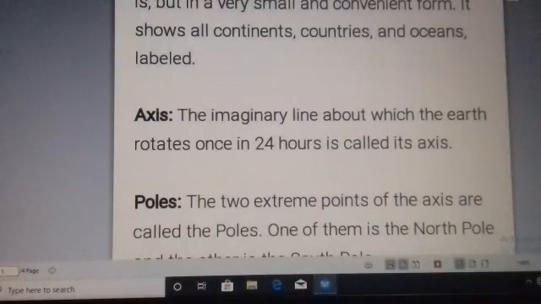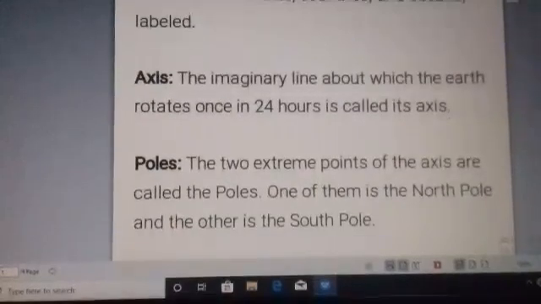It is not present in real but is just an imaginary line to show the tilt of the earth. The earth is tilted at an angle of 23.5 degrees on its axis.